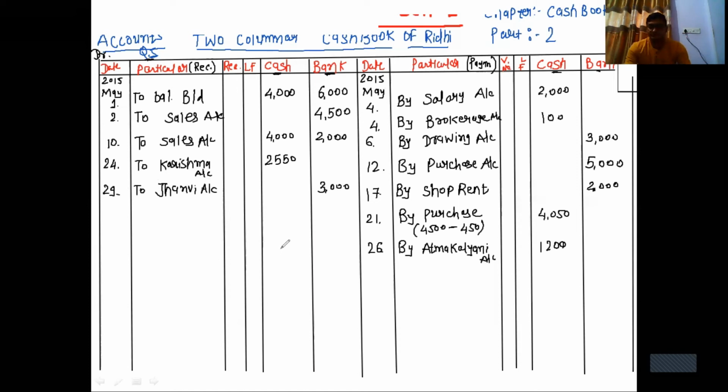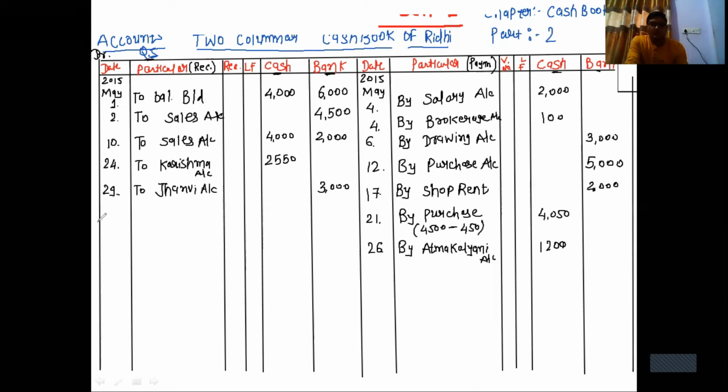Then after, date is 30, 1000 cash deposited in the bank. I have explained earlier that here we have deposited 1000 into the bank, so our bank balance increases and cash balance decreases.